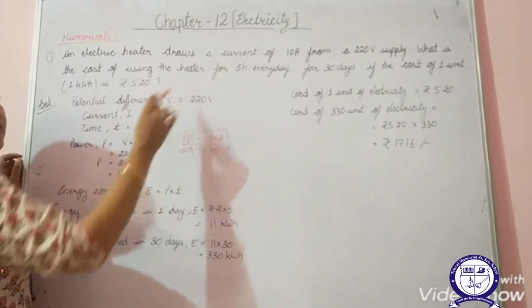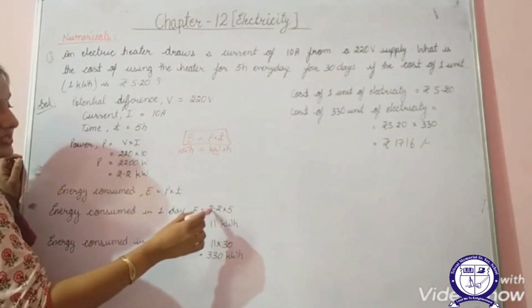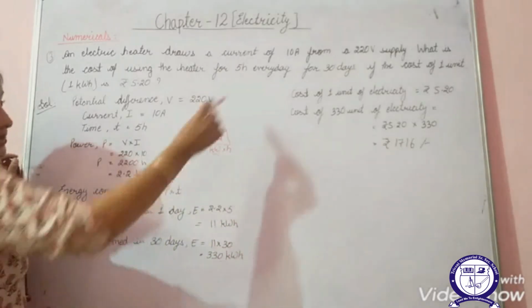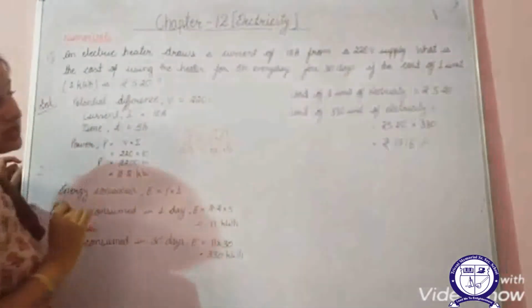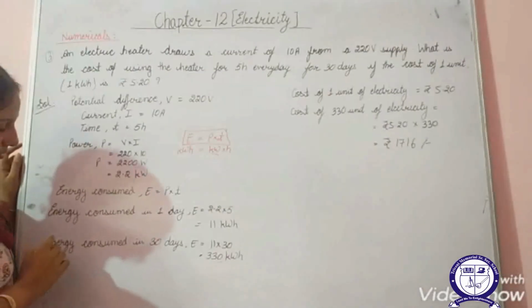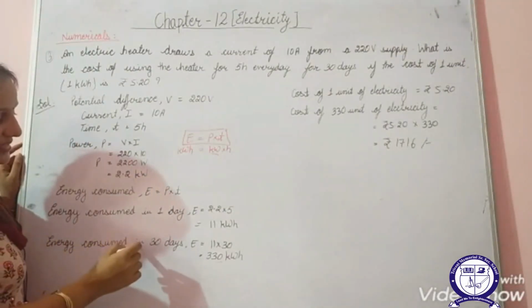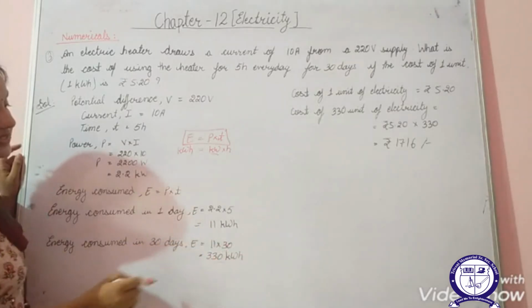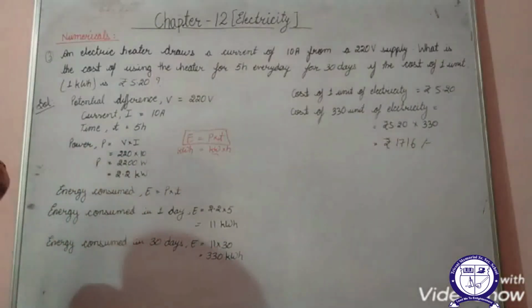In 1 day it is operated for 5 hours, so energy is 2.2 into 5, that is 11 kilowatt hour. Now it is operated for 30 days, so the energy consumed in 30 days is 11 into 30, that is 330 kilowatt hour.